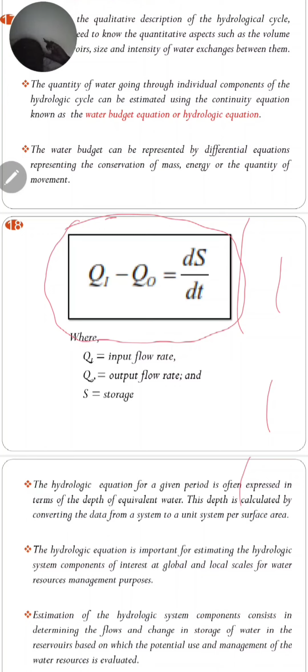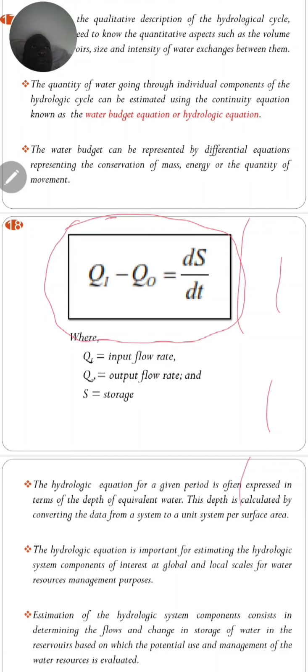Okay, so this is basically what this equation is telling you here. So Q initial or Q1 minus Q2 or Q0, okay, or input flow rate, output flow rate, and storage.